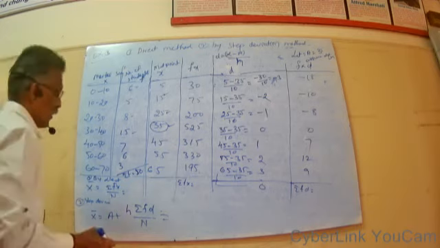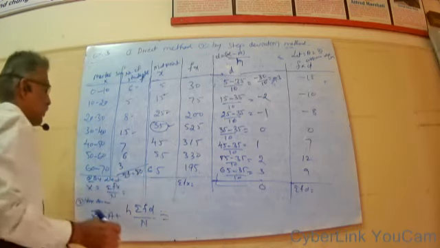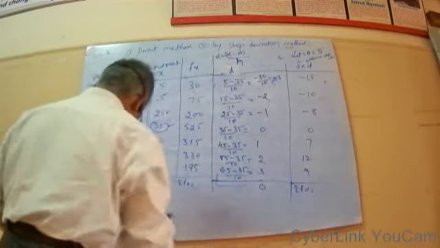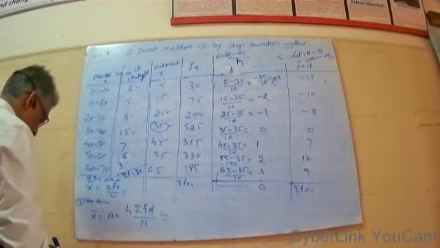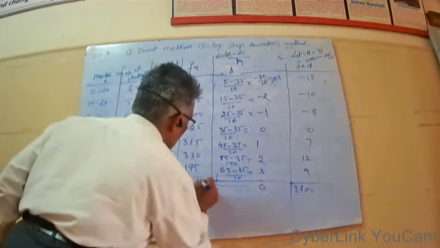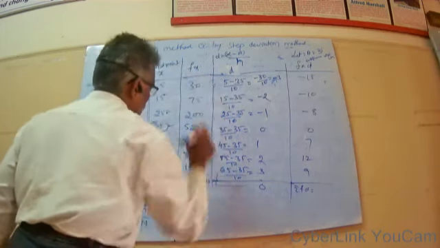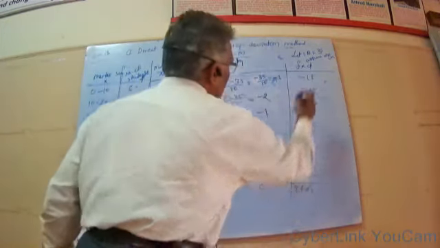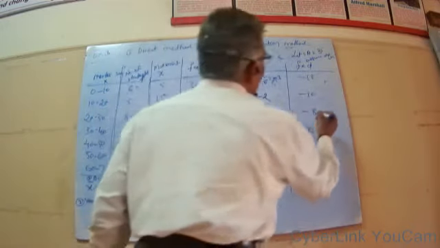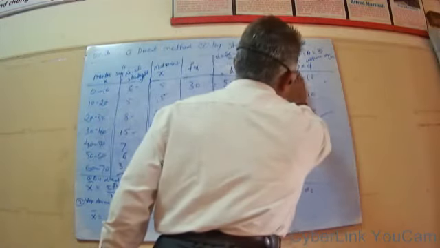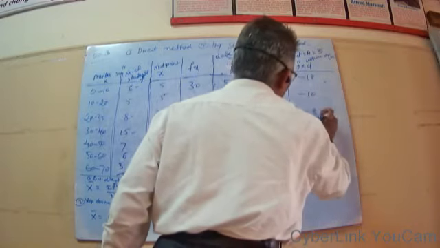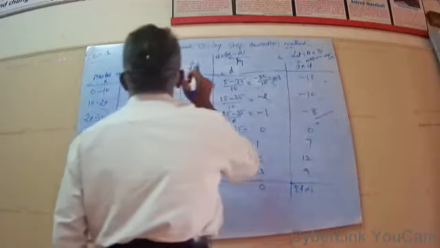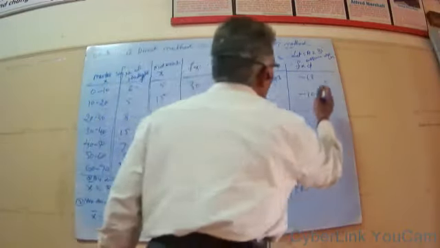Next, sum of fx. This total sum of fx is 1670. Next is one more column. We have to take the total here, sum of f into d. First, forgetting the negative sign, simply add, then put the negative sign. 18, 28, 36.